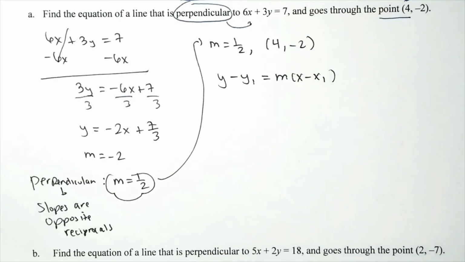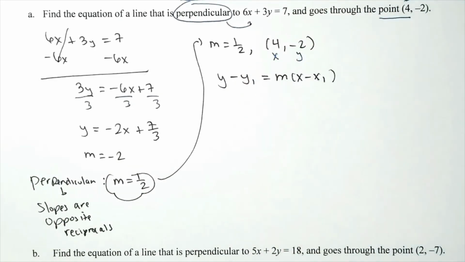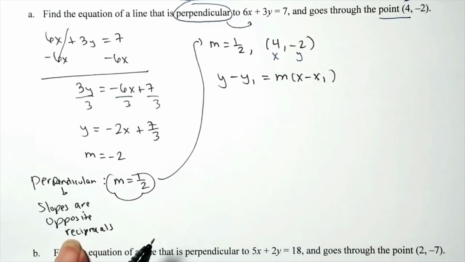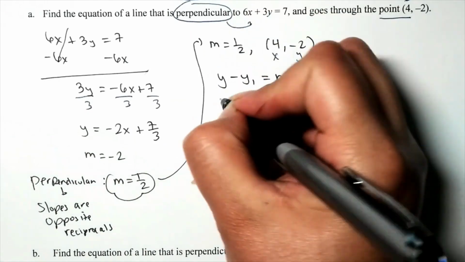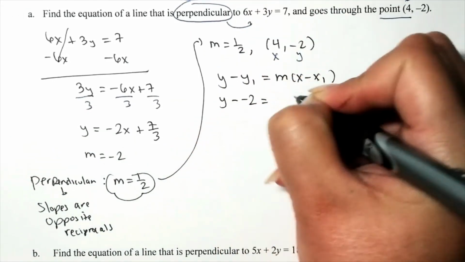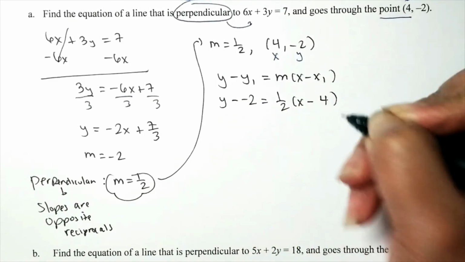Label or don't label, but I will always label, because it's comforting to my eyes. Like right now I'm fine, but if I don't see this in 2 or 3 weeks, I'm going to be like, man, where did this number come from? But if I speak to myself as much as possible, I will not forget. So we have y minus y1, that's our y coordinate of negative 2, is equal to our slope of 1/2 times x minus x1, namely 4.